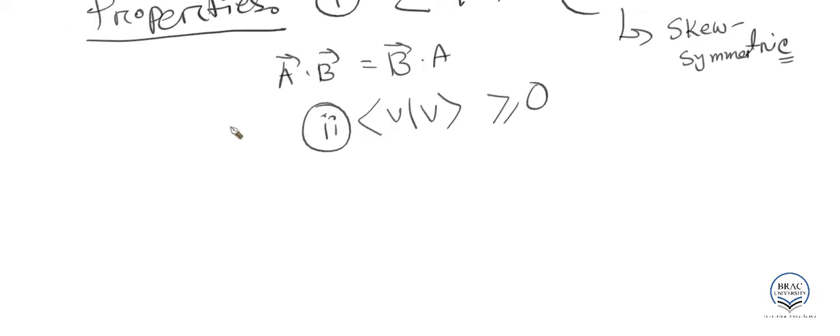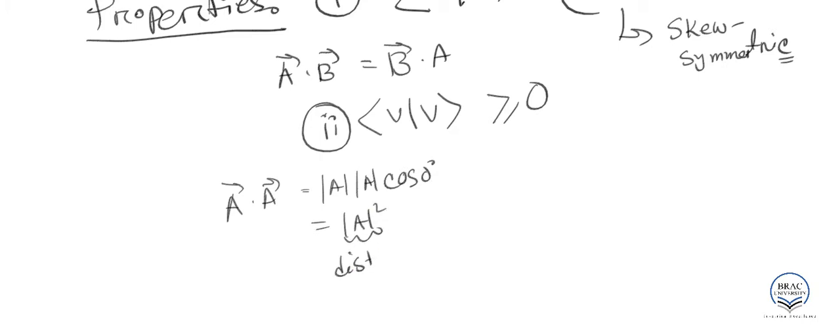Because if you think of the dot product between A and A, that gave us modulus of A squared times cosine 0, so it gave us the modulus squared, that is the distance or length squared.